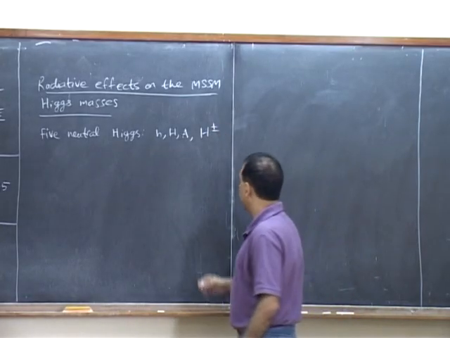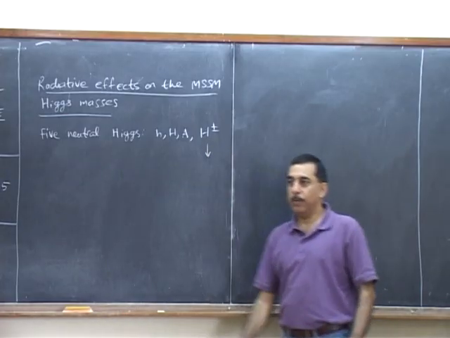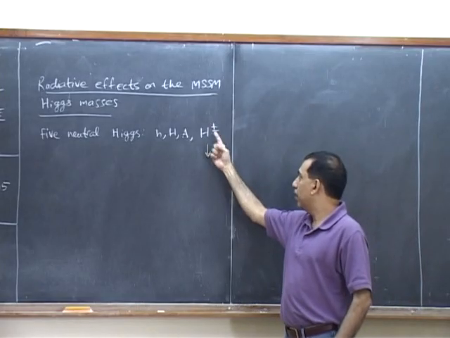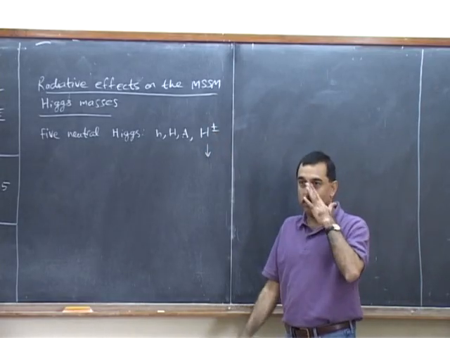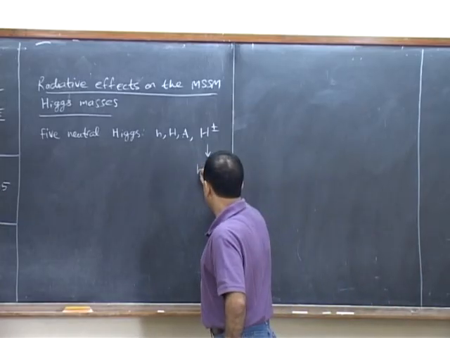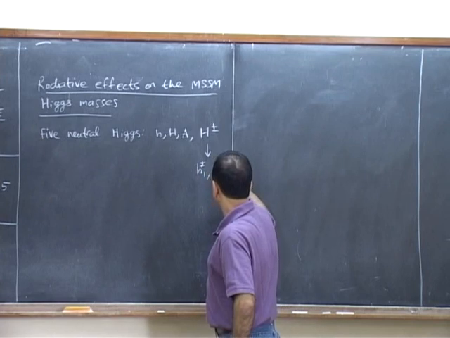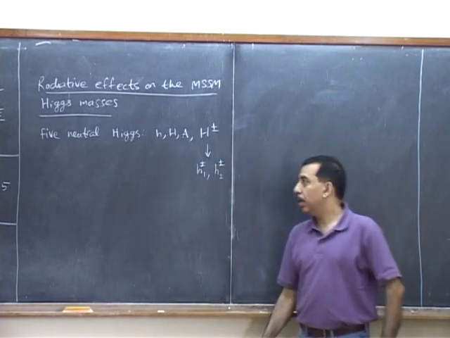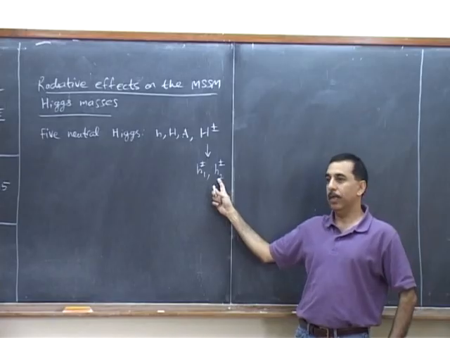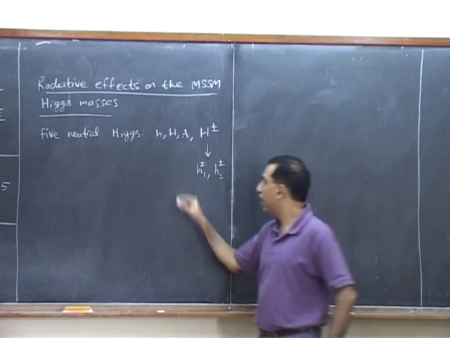And just to remind you where they came from, here there is no ambiguity. H plus minus are a complex conjugate pair which come from the original Higgs H1 plus minus and H2 plus minus. These are altogether 4 real modes, but 2 of them are Goldstone and the other 2 are these.